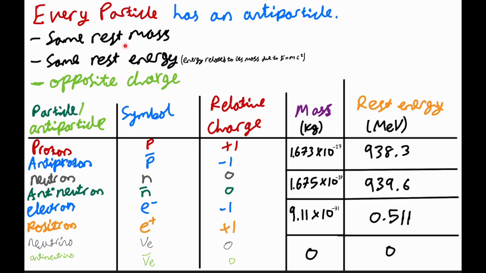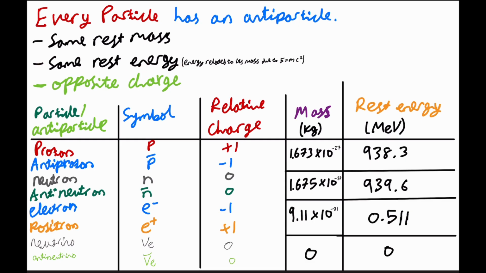They have the same rest mass, which we'll know what this is later, and the same rest energy. So rest mass is basically the mass of the particle or antiparticle, and because they have the same rest mass, the particle and the antiparticle have the same rest energy.